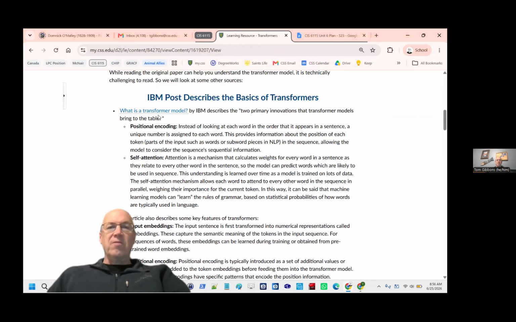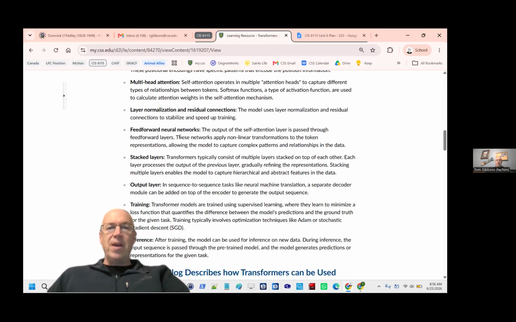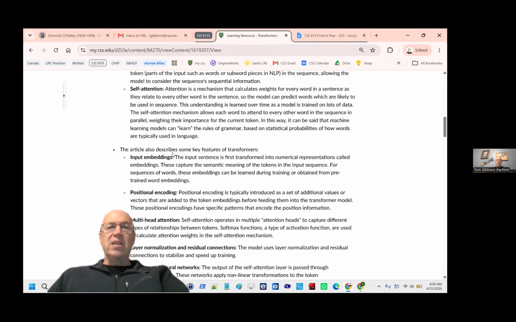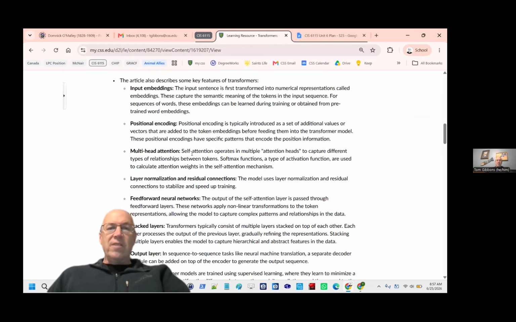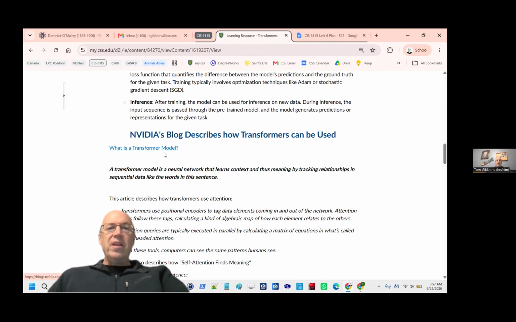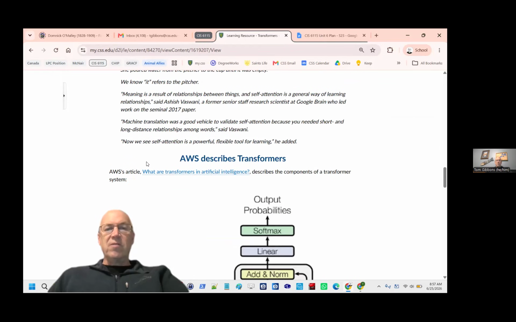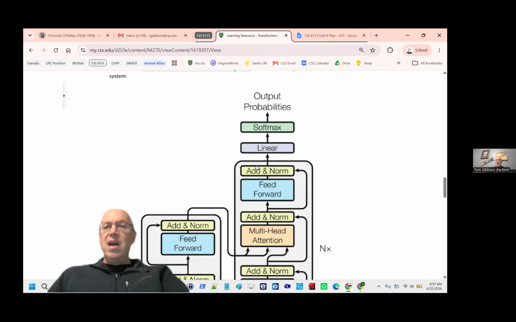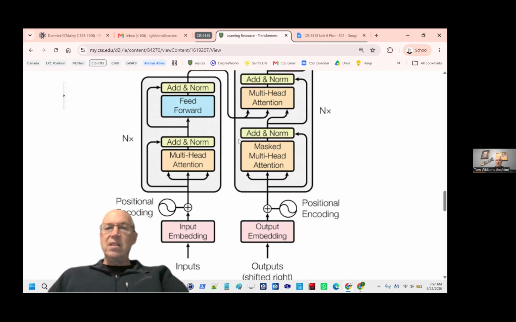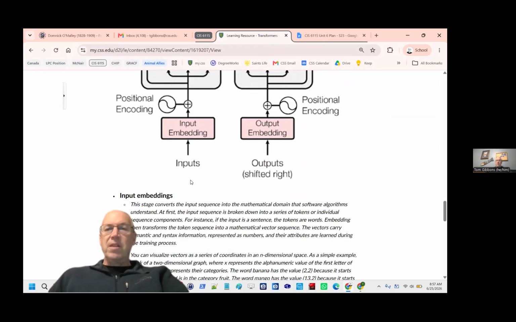This is text taken right from IBM, and this ties directly into this paper on transformers. NVIDIA has another thing on transformer models, then AWS does. And AWS links to this actual picture with this stuff that you can walk through.